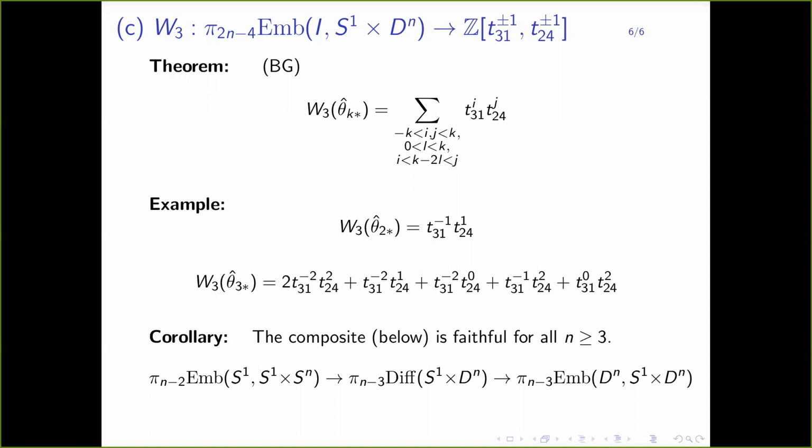So common lifts of Whitehead products of common lifts, common positive lifts minus common negative lifts. There's a relationship between those and Whitehead products where you just lift in a preferred covering direction.